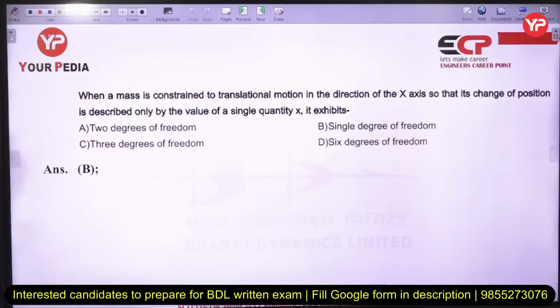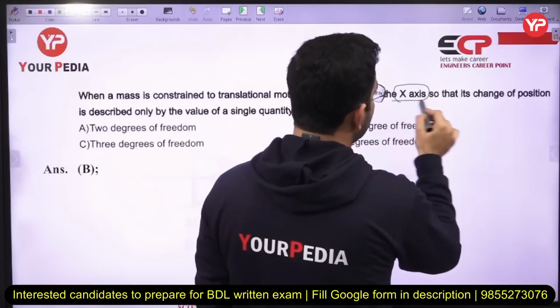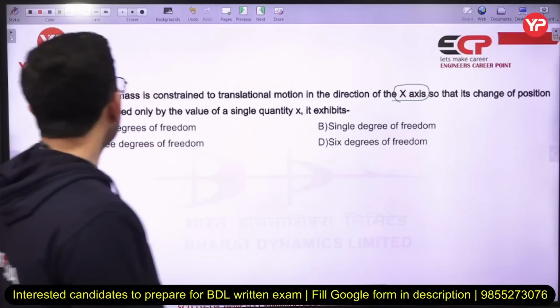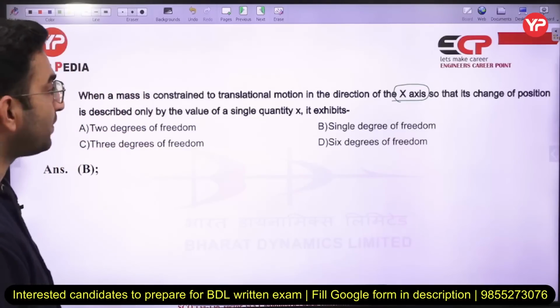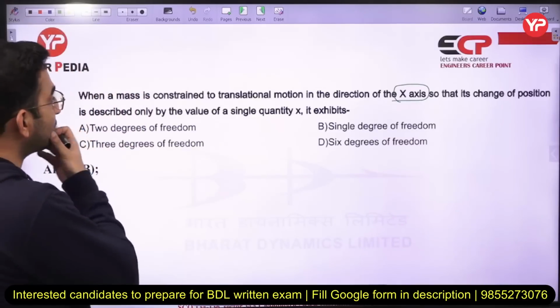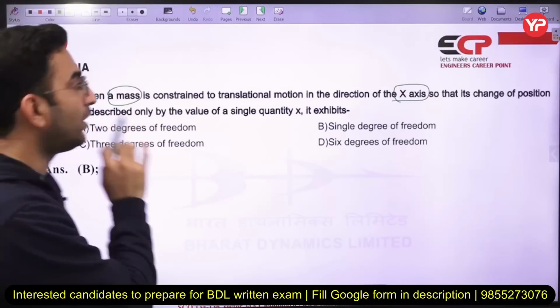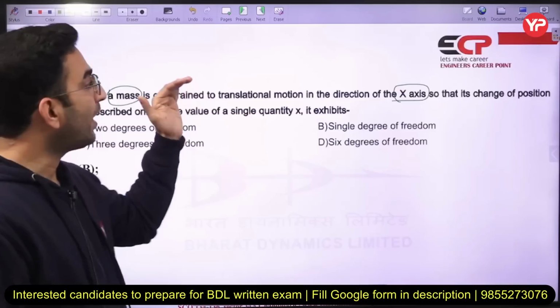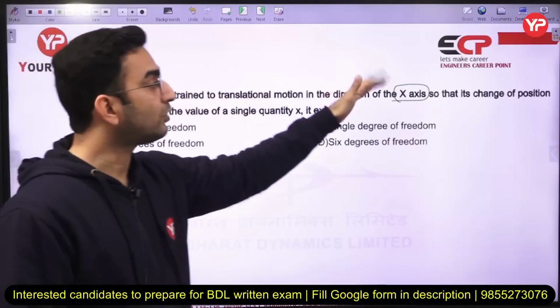Next part, when a mass is constrained to translation motion in the direction of x-axis, so that its change of position is described only by the value of the single quantity x here, it exhibits the. Okay, so now just see in this question, a mass is basically constrained to have a motion only in the direction of x-axis.